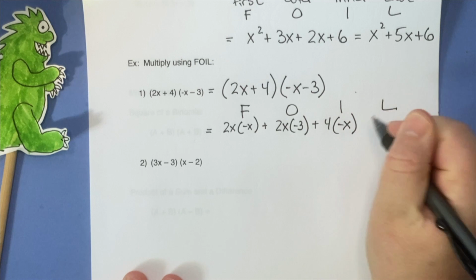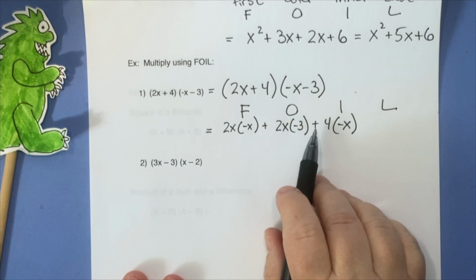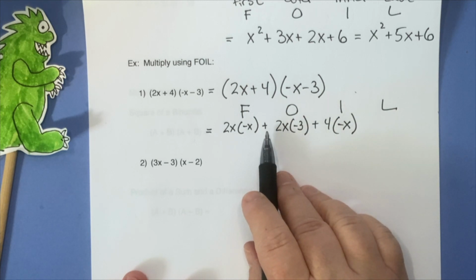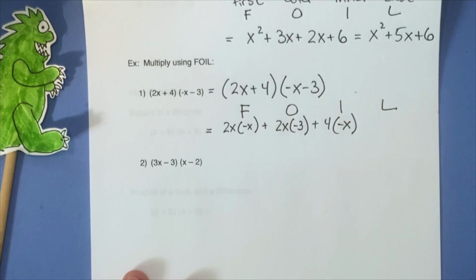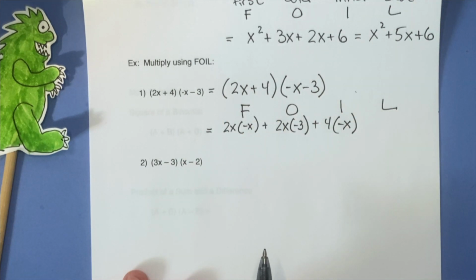Now you're going to notice I've just gone ahead and put pluses in between, and that's because I want to be very clear which ones are getting multiplied. So the plus is just the spacer of last resort. So I'm saying I'm going to deal with what the actual sign is later. So I'm just going to put a plus in there just to hold the space of the sign.